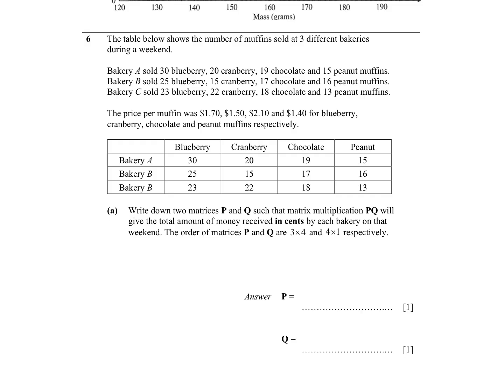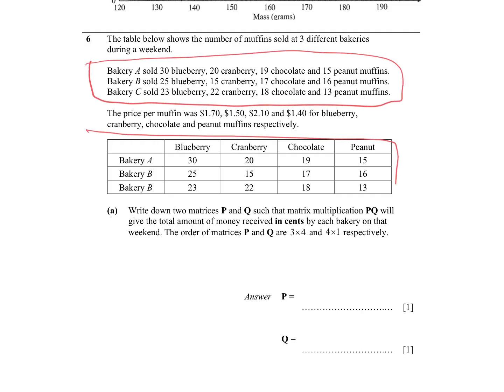Okay, I have a table that shows the number of muffins sold at 3 different bakeries. I'm sure you don't like to see data like that. That's why they use tables. So they say, can you write down 2 matrices, P and Q, such that when you multiply them, it will tell you the total amount of money received in cents by each bakery on that weekend.